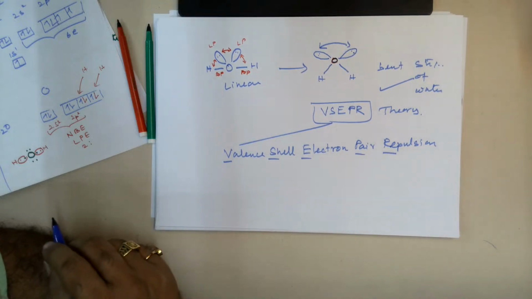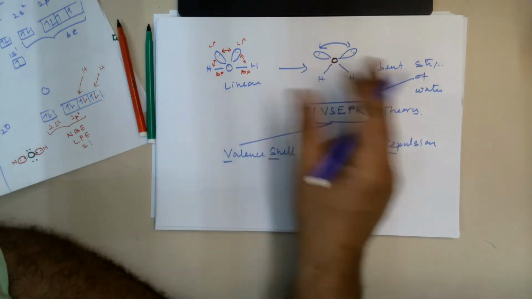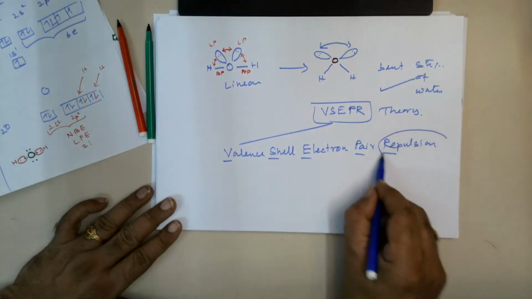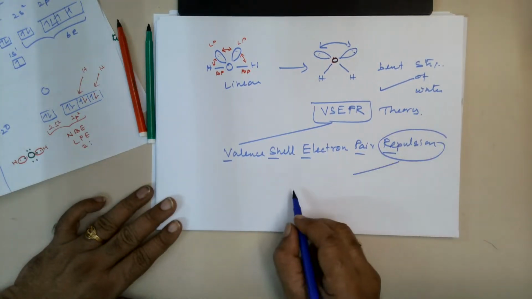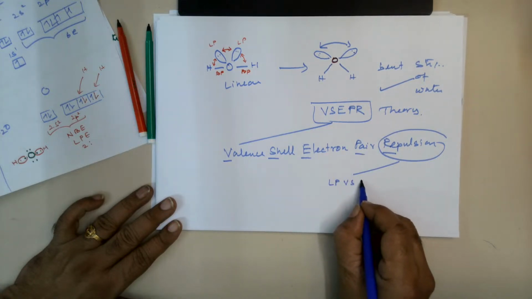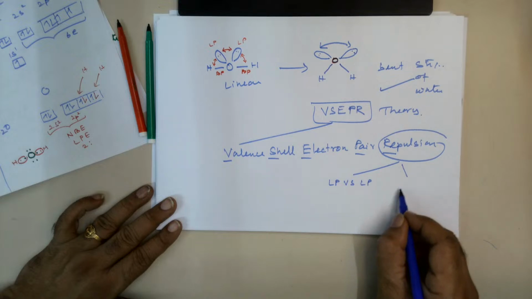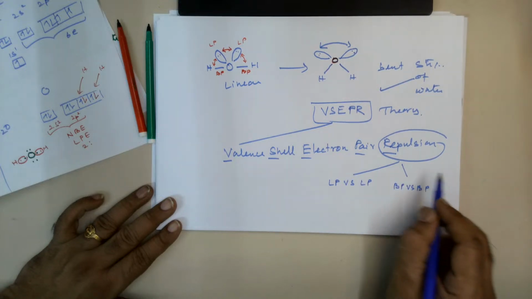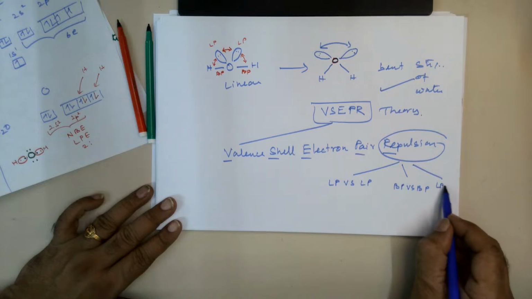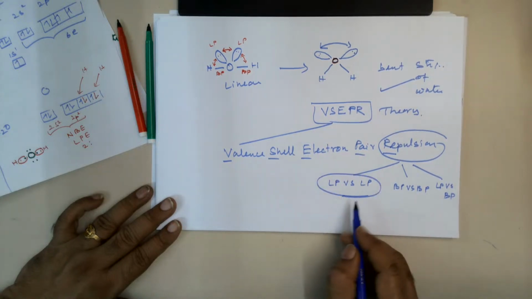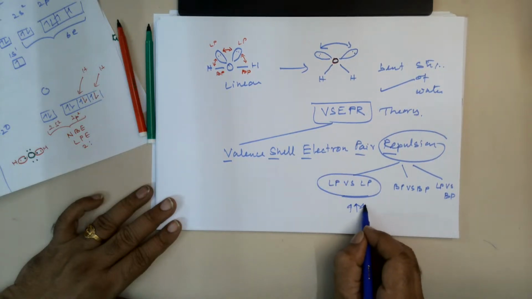VSEPR, Vesper. Valence shell means that this is the bonded pair. And so, what are the types of repulsions taking place? These repulsions may be lone pair versus lone pair, bonded pair versus bonded pair, and lone pair versus bonded pair. Among these, lone pair versus lone pair will be the highest. Okay.